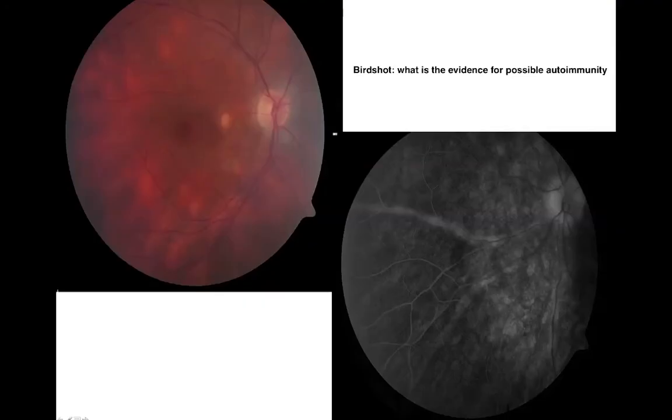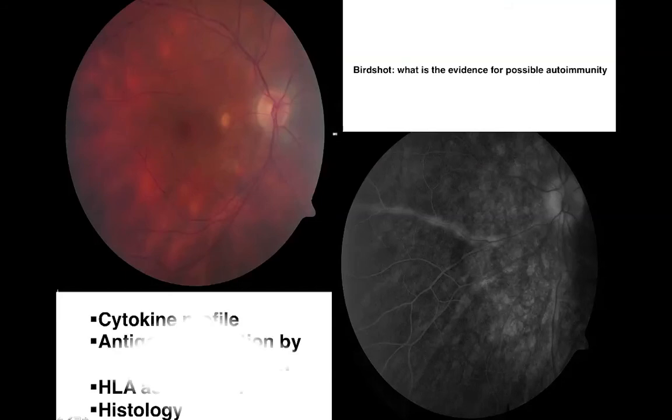Now, this is a photograph and a fluorescein angiogram of a patient who has many of the typical findings that we see in Birdshot. And the question really is, what is the evidence for possible autoimmunity in a patient who has Birdshot?